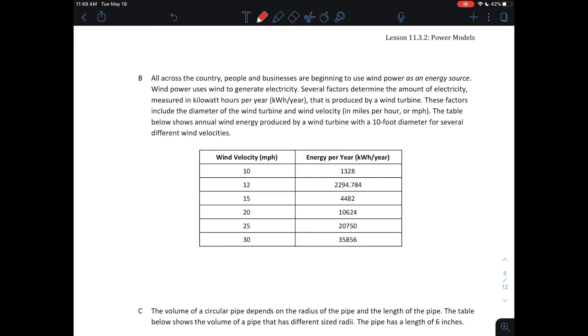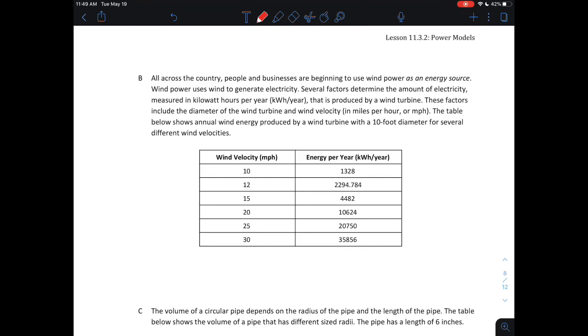So we want to see if this is linear, quadratic, or cubic. To answer this, it's as simple as what we just did at the end of the previous question. Let's just pick a particular wind velocity and then double it and see if the energy per year doubles, or if it's multiplied by 4, or if it's multiplied by 8.